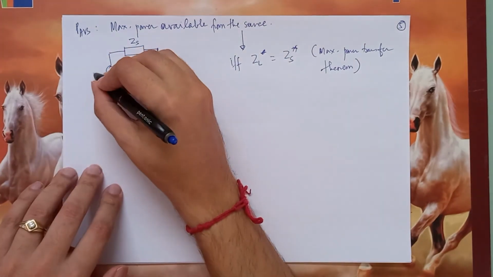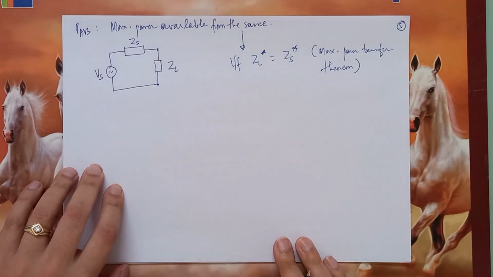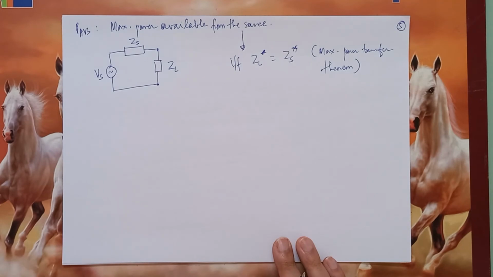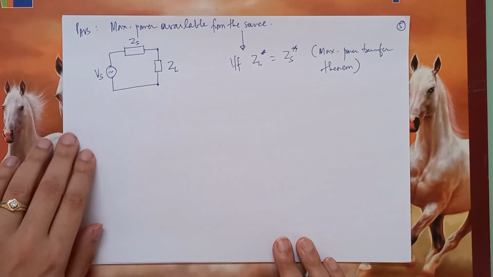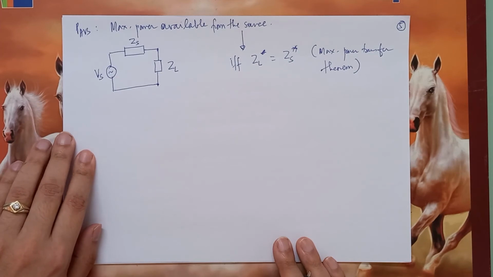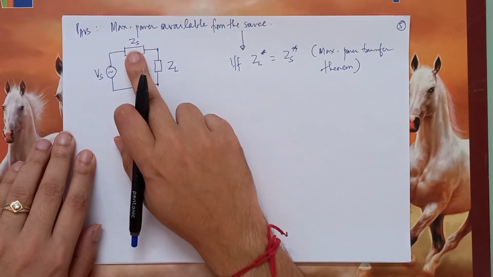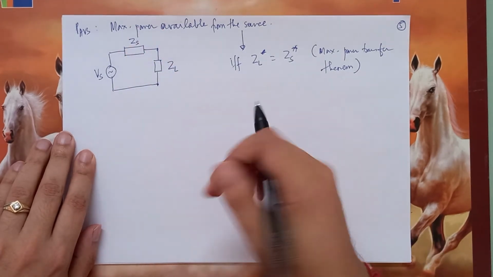So let us say this voltage is Vs. So what will happen essentially is that when we are connecting a load to the source, definitely there will be some voltage drop across Zs, or there could also be some reflection.